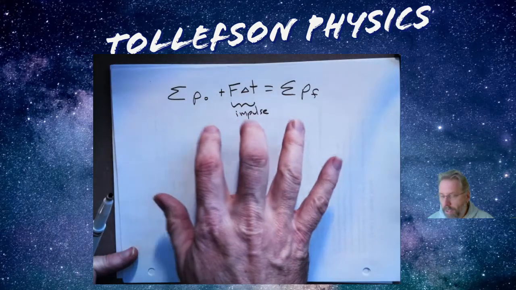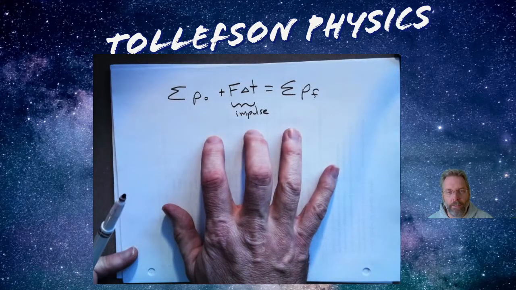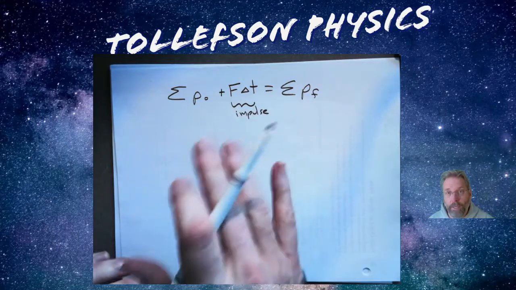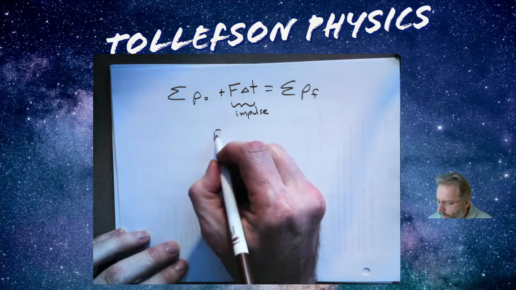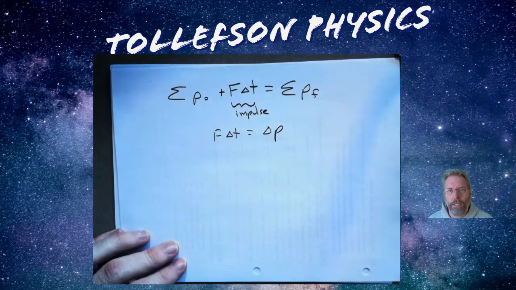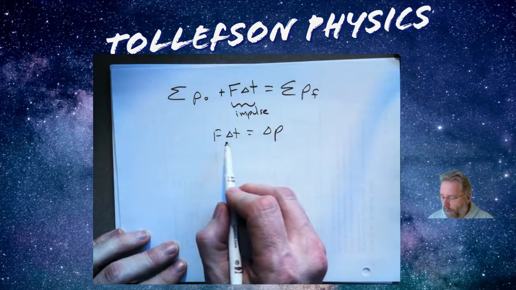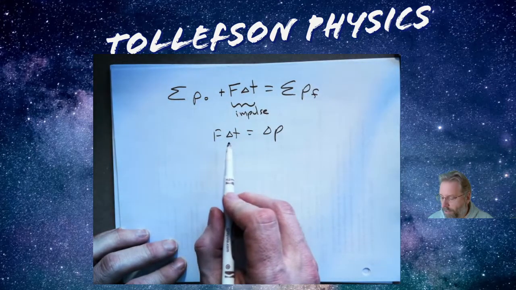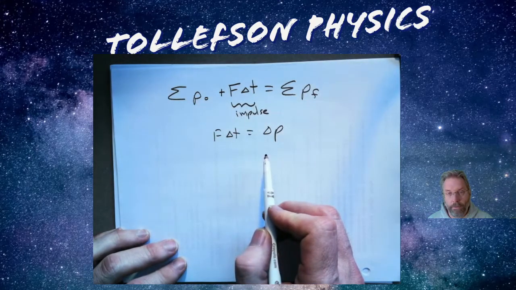So this covers every single case, and that's what you want to remember. This is not necessarily listed on your equation sheet, although something like this is: change in momentum is equal to force times the change in time, which is the impulse.